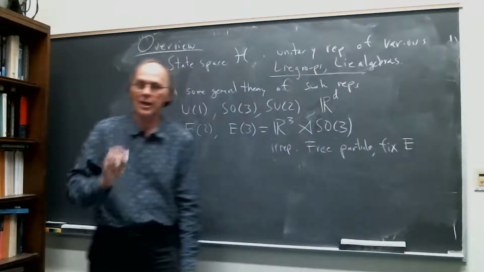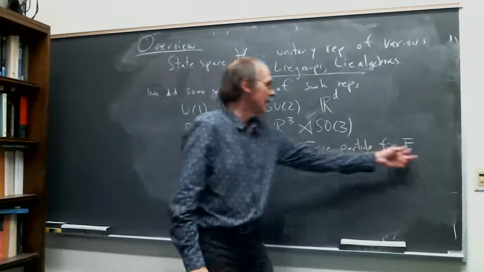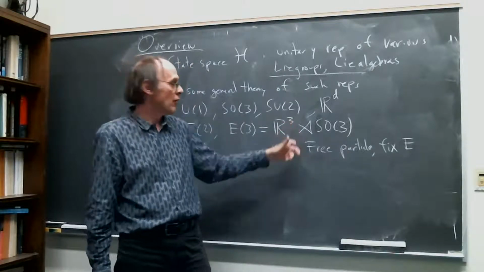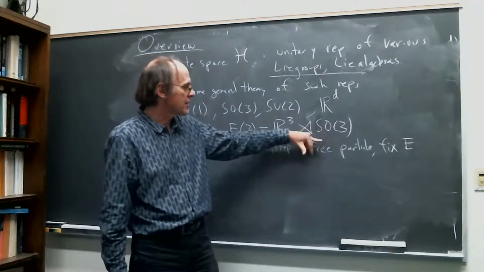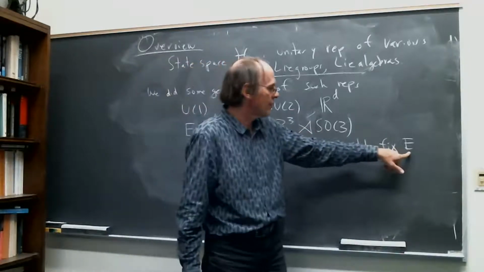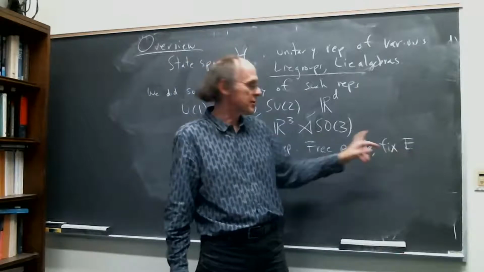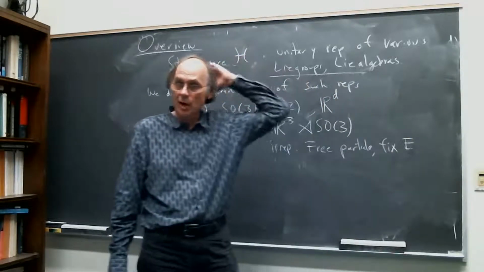If you fix the kinetic energy of your free particle, then you get an irreducible representation of this group. These irreducible representations were labeled by E, the value of the first Casimir operator.